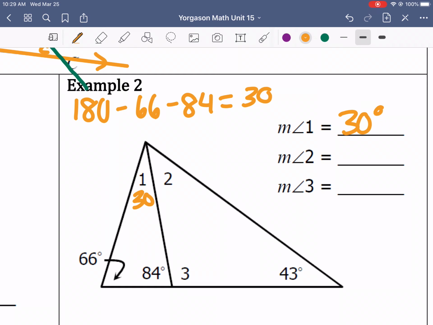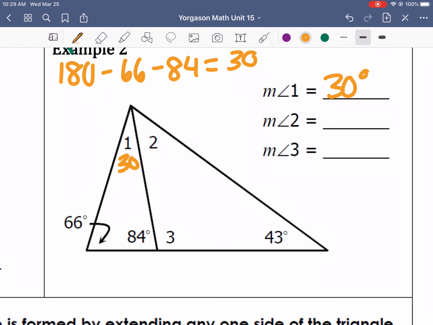Okay, we could move on to angle 2 or angle 3 here. I encourage you to pause the video, see if you can figure out how to find those. Angle 3 forms a linear pair with this 84-degree angle. So if I were to take 180 minus 84, I would find that that angle is 96 degrees. Now, you may have used a different way to find that answer, which is totally great. If you use my same way, that's fine too. So either way works out.